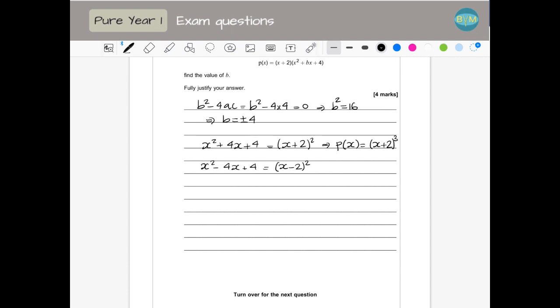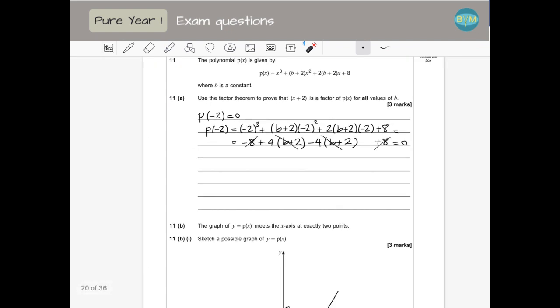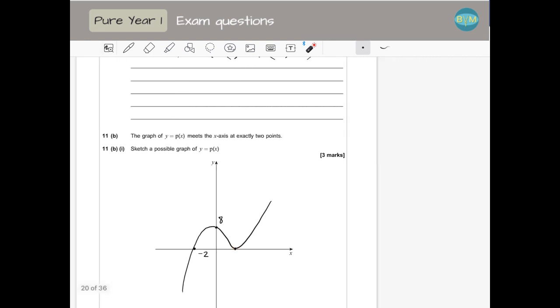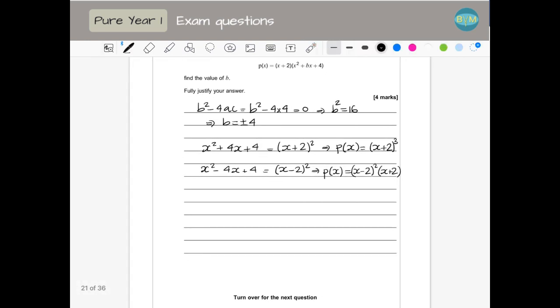And in this case, p of x would be x minus 2 squared and then x plus 2. And here we will have two roots. One will be this one, minus 2, and this one would be positive 2. And that would be the case. So b has to be minus 4.